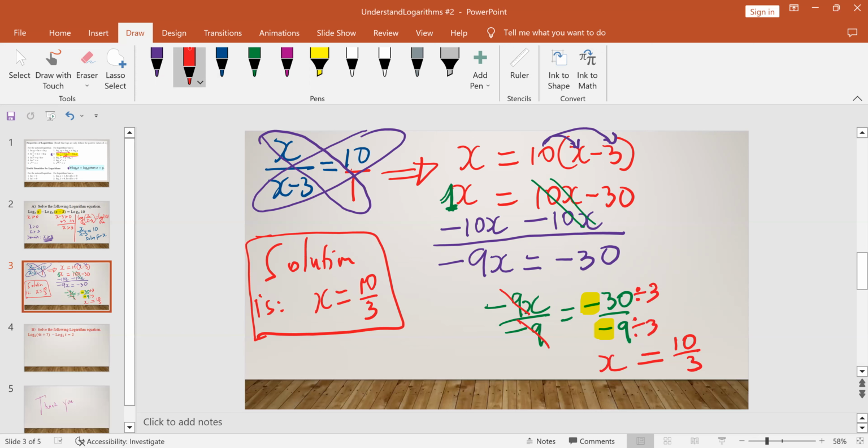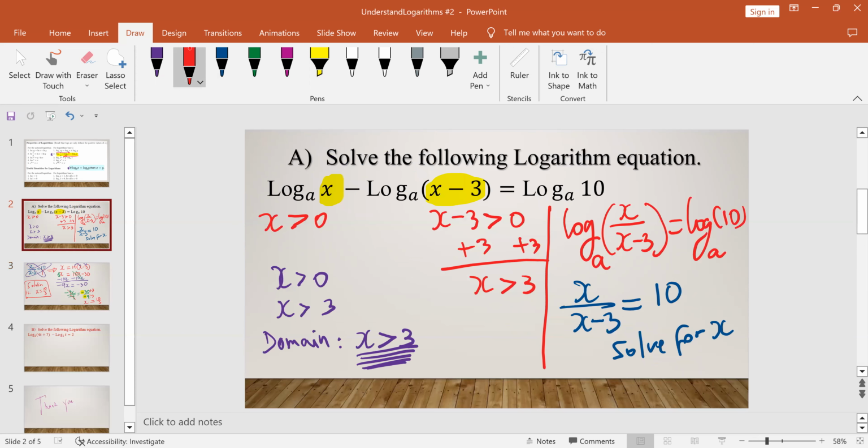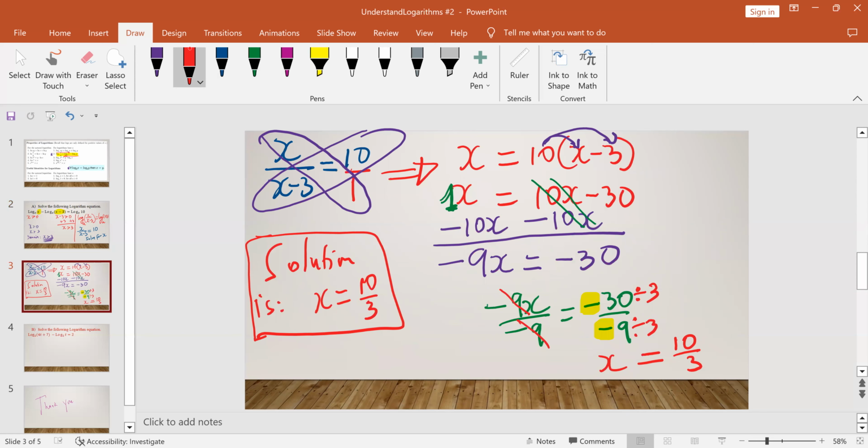Okay, now let's tell you this. Suppose you know that you have to find the domain before you solve this equation. It's not a big deal, but what you have to do is that after you finish solving the equation, plug the solution back in the equation.